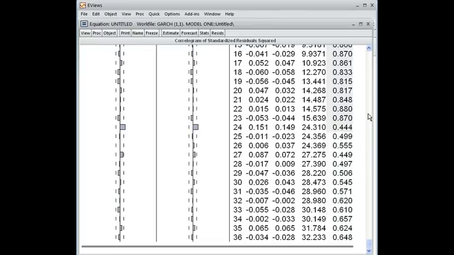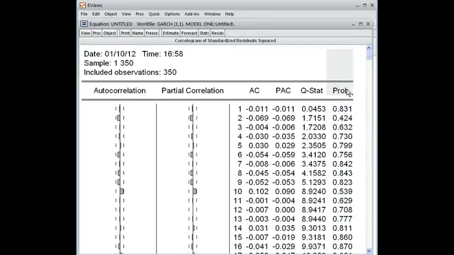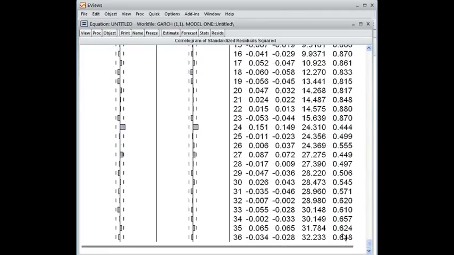This one is 83.1%, this one 42.4%, and the last one 64.8%.